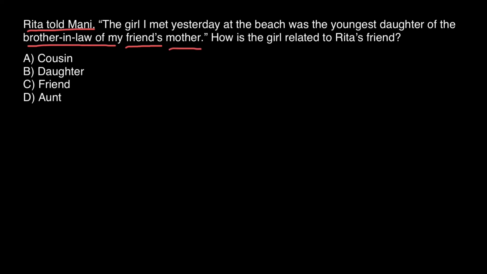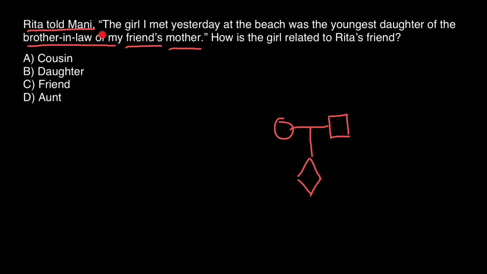So let's start making the pedigree. The friend, of unspecified gender, it can be a girl or a boy, has a mother, and of course a father. The father is not mentioned, but we should write it down so it would be easier for us to follow this pedigree.